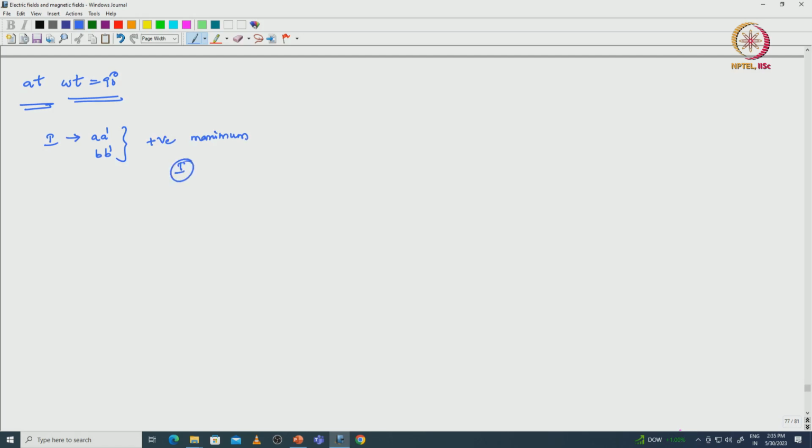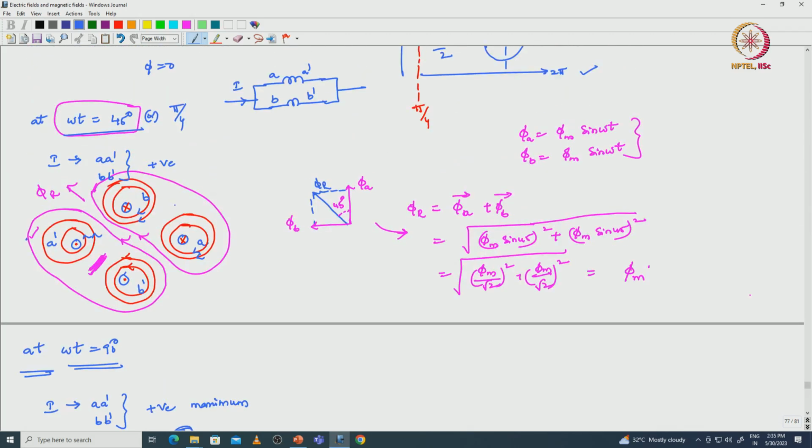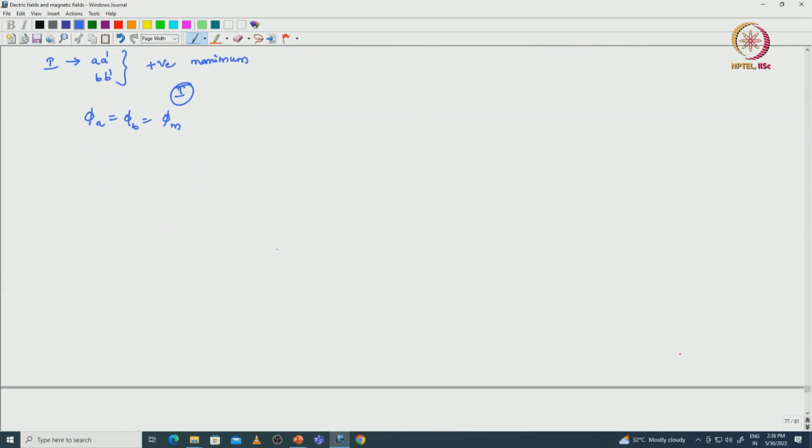So, the current is maximum here and the flux is also maximum, phi A and phi B both equal phi m. The resultant flux loop analysis will be the same as this one, only the magnitude will change, that we will see now.